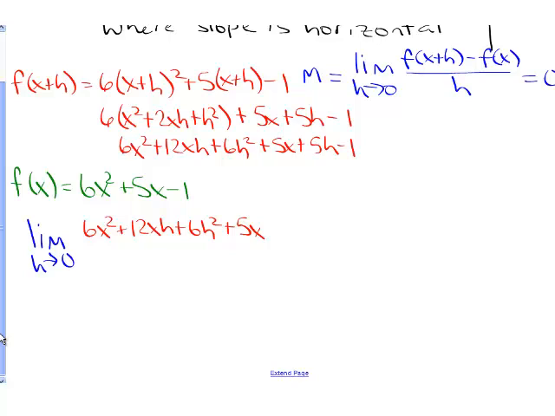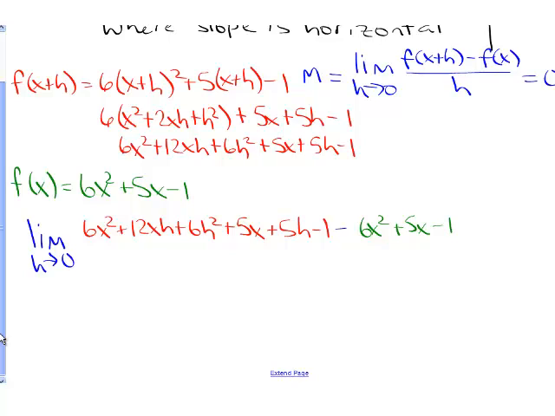The red is f of x plus h. Green is f of x. All right, so there's everything in red. The thing is now, though, this is where the mistake happens. If you miss this problem, you miss it because all you do is you put in a minus sign, and then you put in 6x squared plus 5x minus 1.